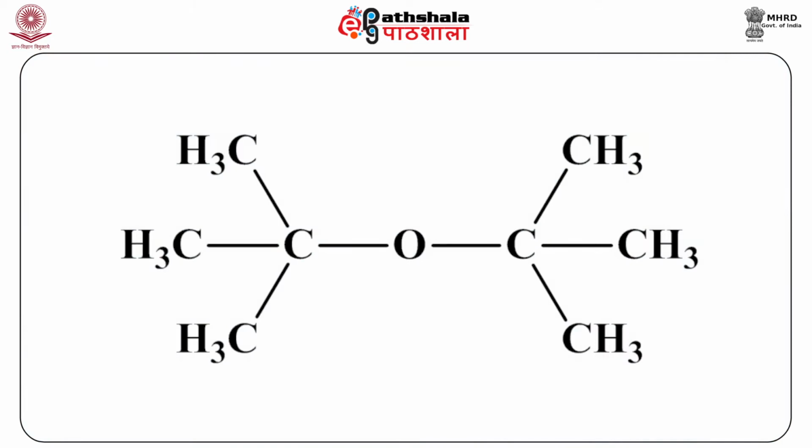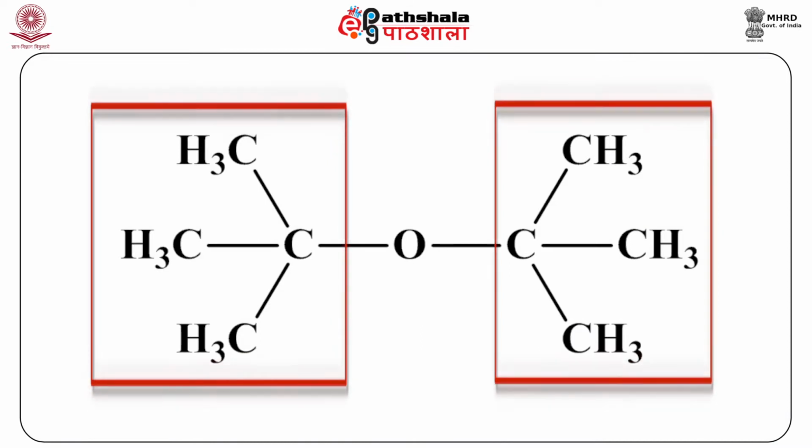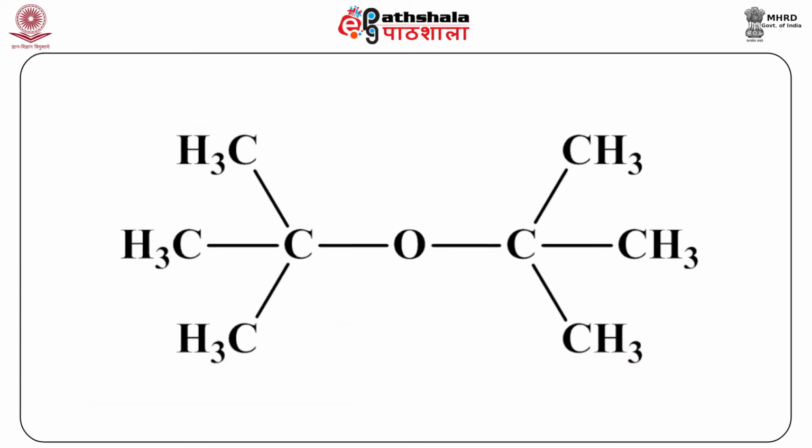The appearance of only one singlet at the high field 8.95 tau reveals that all the alkyl groups in the compound are in exactly similar environment, and it is only possible if the structure of the compound is as shown here, because then you can see all these 9 plus 9 hydrogens in these 6 methyl groups attached to these carbons through this ether bond.